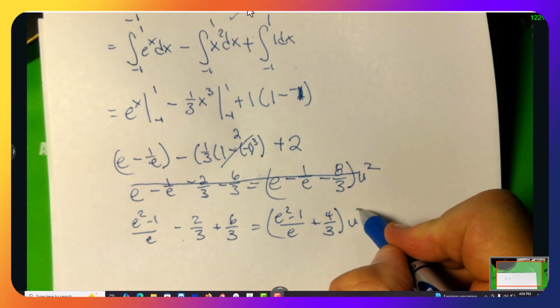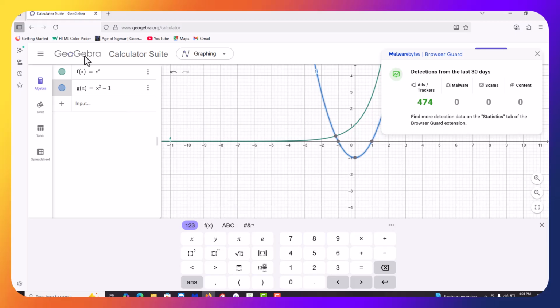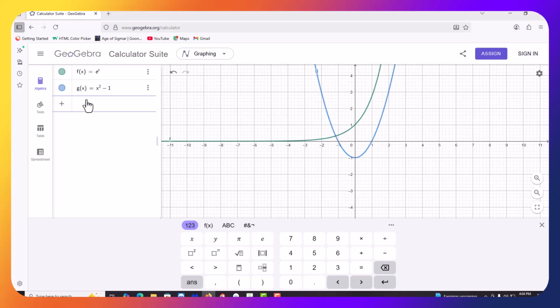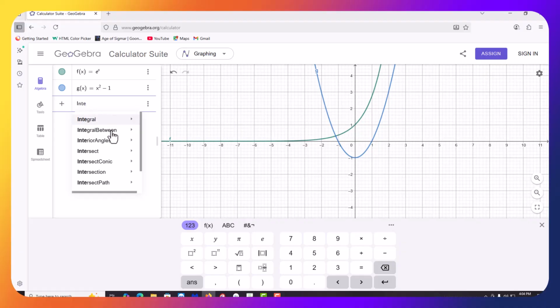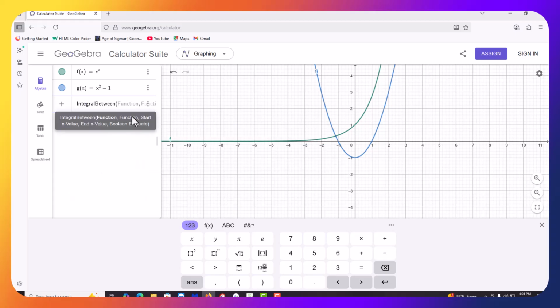Now let's check this. So open up your browser. I'm going to use GeoGebra. I went to geogebra.org. I typed in f of x is e to the x, and g of x is x squared minus 1. One way I could do this is I'm going to use integral between functions.